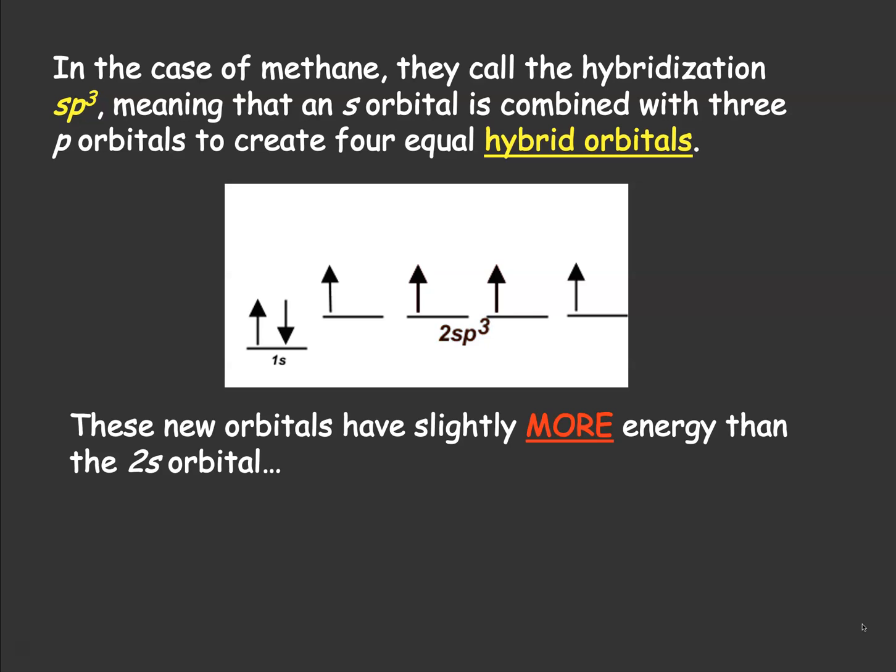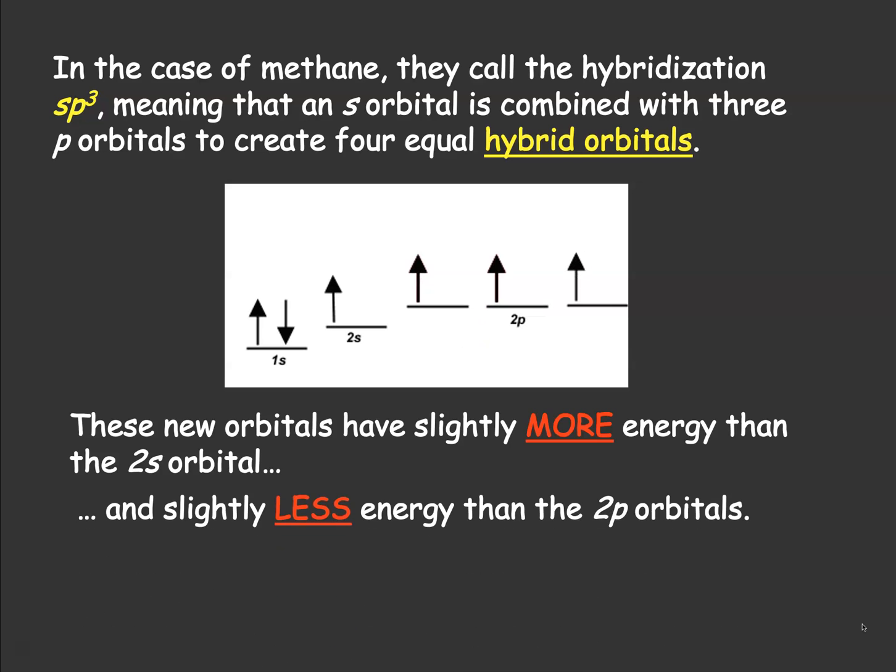These new orbitals have slightly more energy than the 2s and slightly less energy than the 2p, so somewhere in between, not an exact dead center. The 2 in here just means it's 2s and 2p. That's irrelevant. All we really care about is the fact that it's a single s orbital and 3 p orbitals, giving us the name sp3.